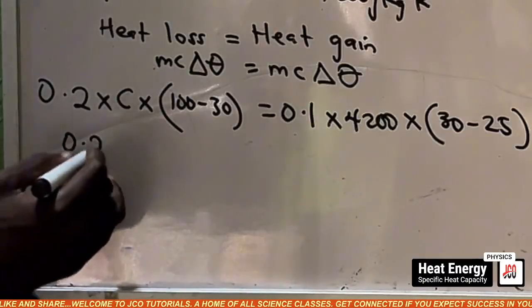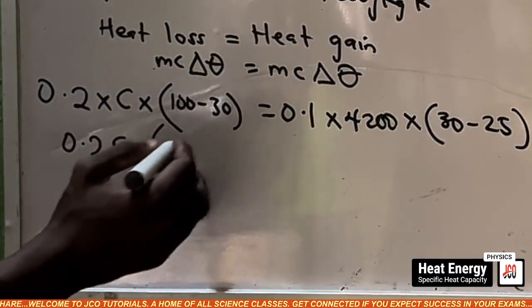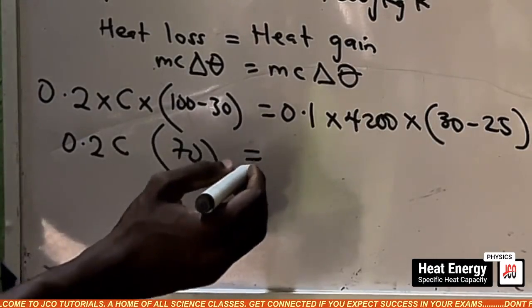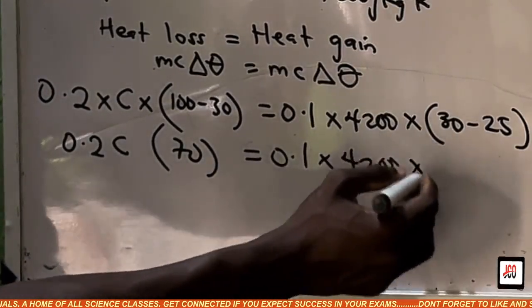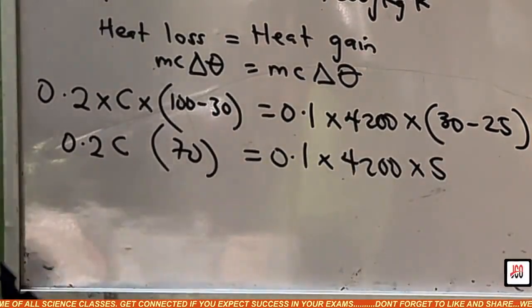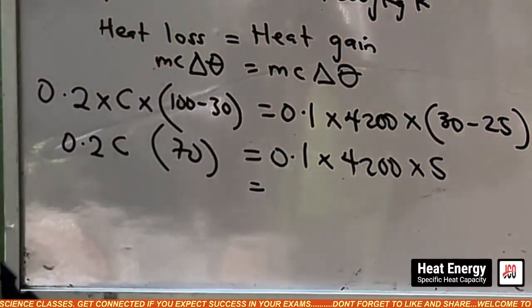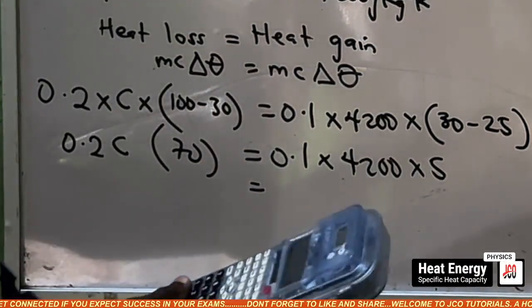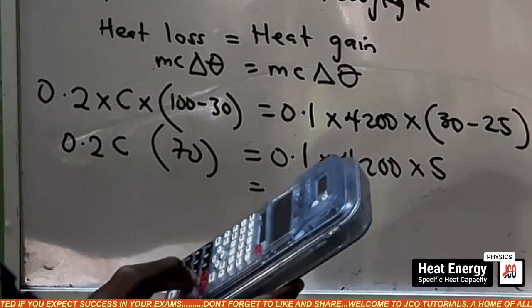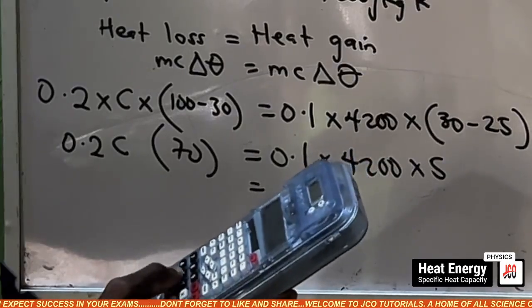So you have 0.2 C times 70 equal to 0.1 times 4,200 times 5. So if we go quickly to multiply our values on the right hand side now, we have 0.1 times 4,200 times 5.